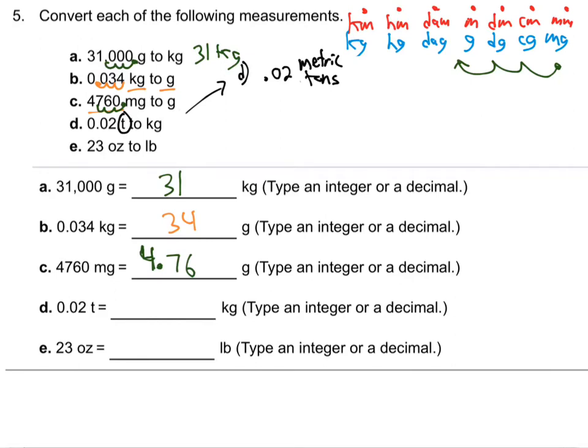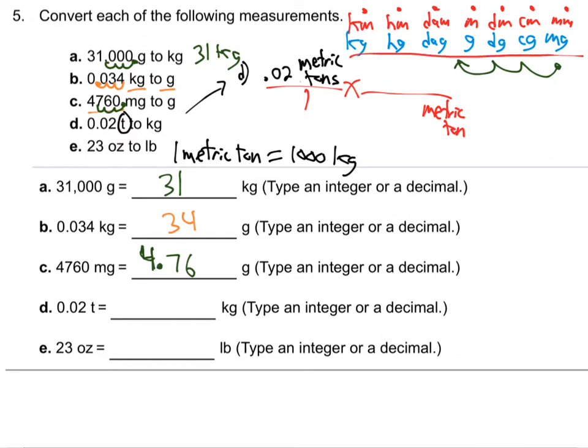So one metric ton is 1,000 kilograms. That means I'm going to convert this. I'm going to put this over 1 and multiply. I'm going to put metric ton down here. I know usually in metrics we convert with just moving the decimal, but this one's a little tricky because it's not in our main list up here.